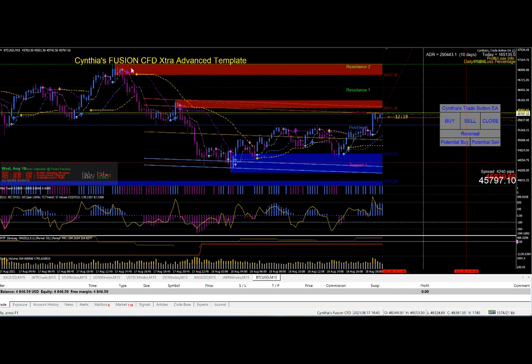And then there's the double trend line channel, 2 red lines for resistance, 2 blue lines for support. So it also helps you see at a glance what the major trend is, whether it's down, up, or flat.